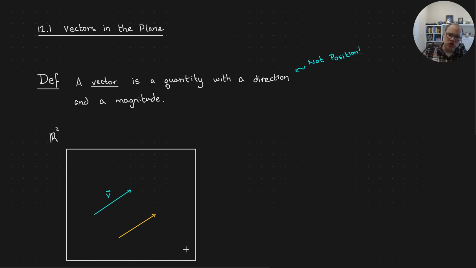Well, remember, vectors don't have position. So these 2 vectors are actually the same vector. They're exactly the same. I've just drawn them in different positions. What a vector communicates is a change in position. If I draw it here, it means that I'm changing maybe from this position to this position. If I draw it for this vector, I'm changing from this other position to this other position. But the amount of change is the same.